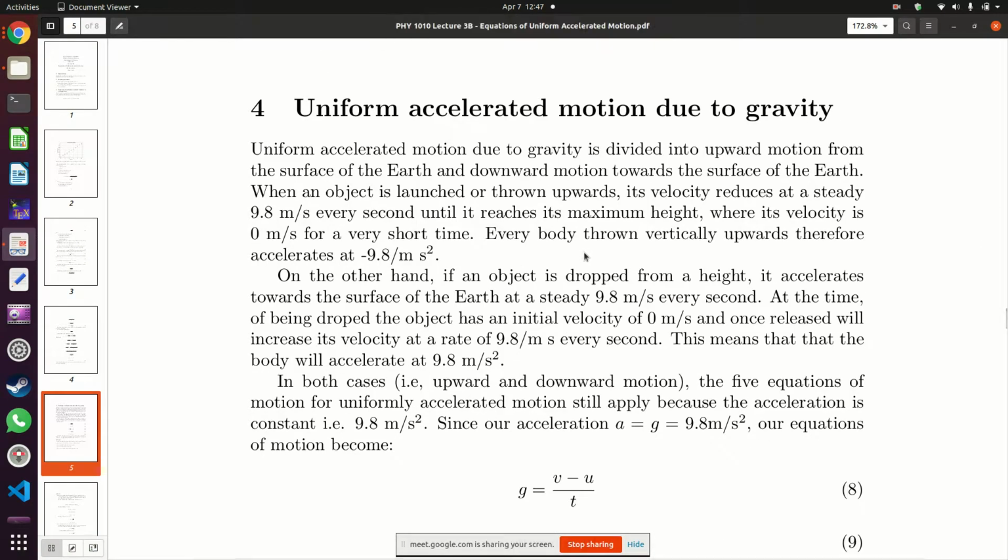Now, an example of uniform accelerated motion is a change in velocity which occurs under the influence of something called gravity. Gravity is why things fall. Because the Earth, any object with a huge amount of mass, like the Earth, has a tendency to behave like a magnet. It pulls things to itself.